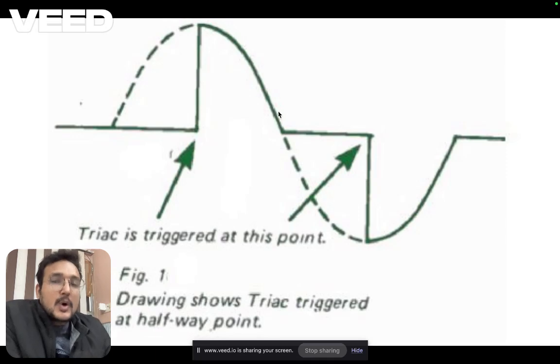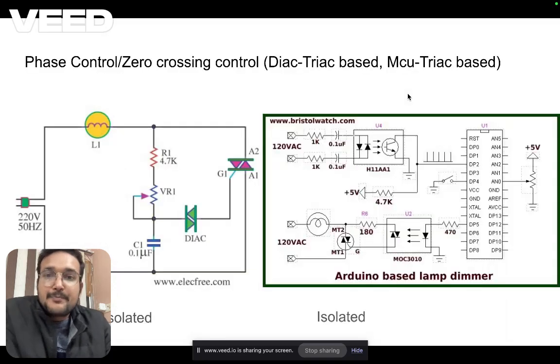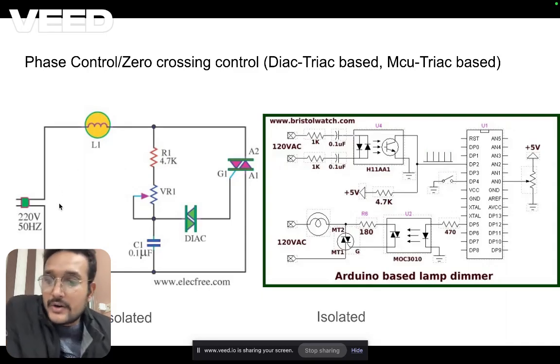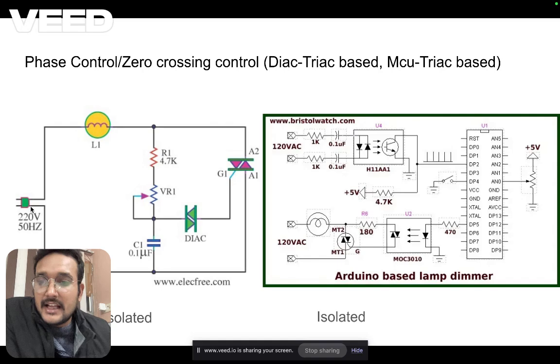This delay causes a net voltage to appear on the load, which tends to dim the light or a fan. Okay, so how is it being done, how do we generate the delay?